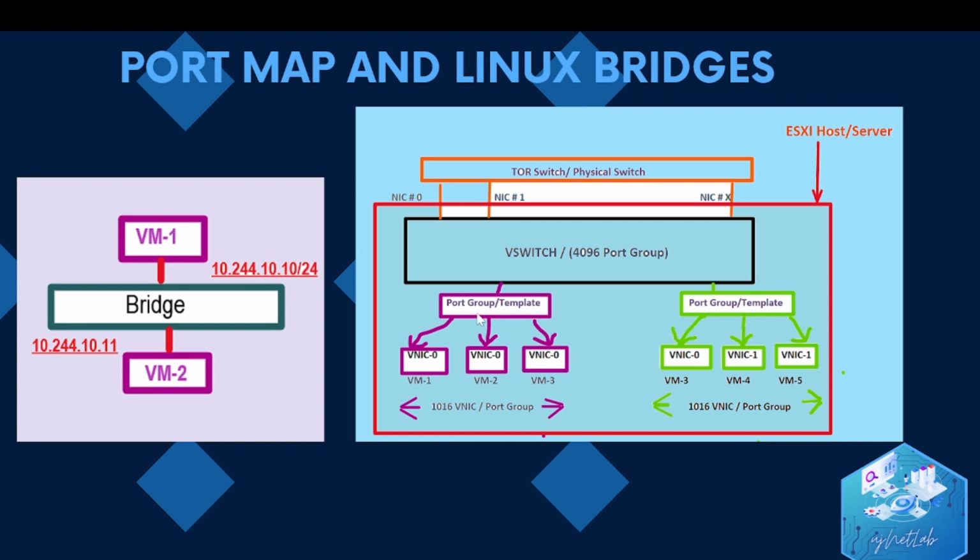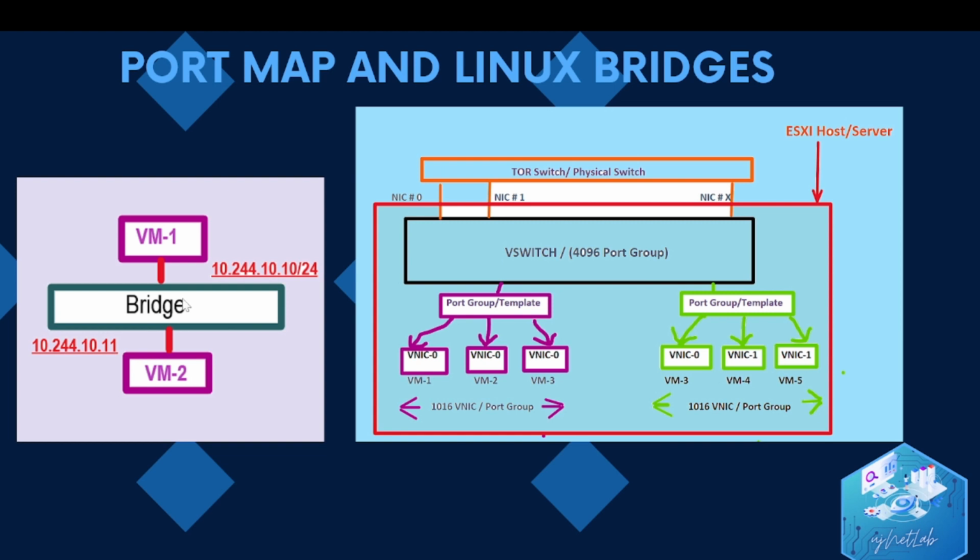What is the security? Which VLANs should be allowed? Is it a trunk port or what? These kinds of settings will be inherited, and according to that it will connect. It's also doing the bridging work, but in a different way. You can think of a Linux bridge as a traffic intersection.